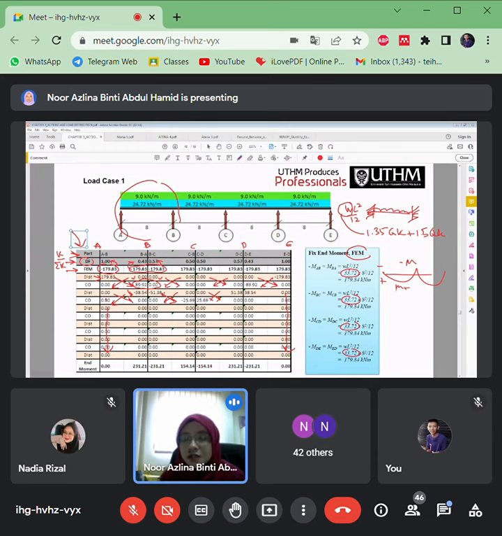In order to know whether it is correct or not, precise or not, at the end, the end moment should be the same value, which is 231.21. The other side is also the same, but the difference is positive or negative.